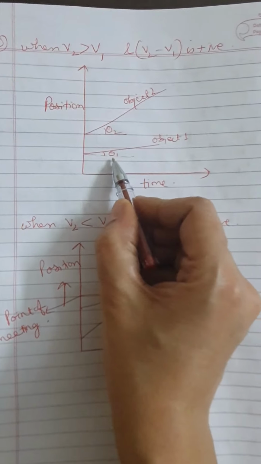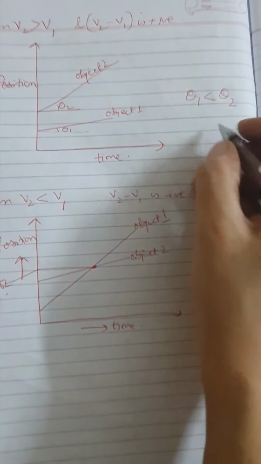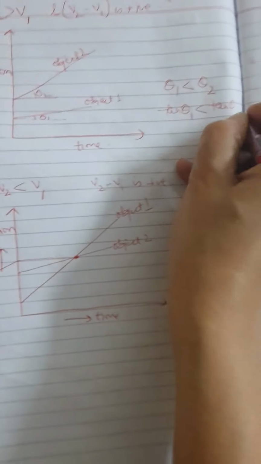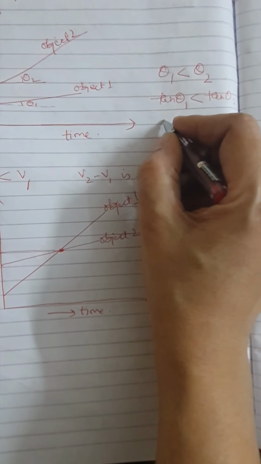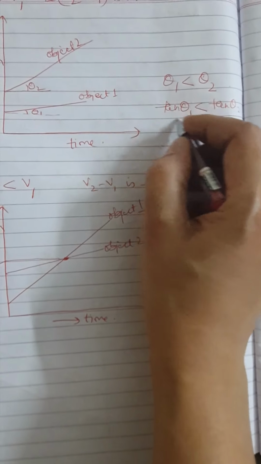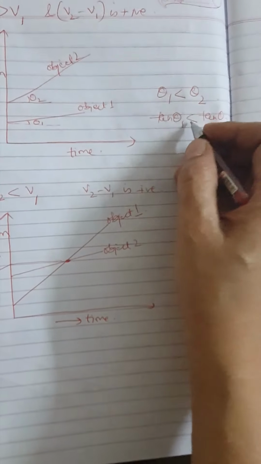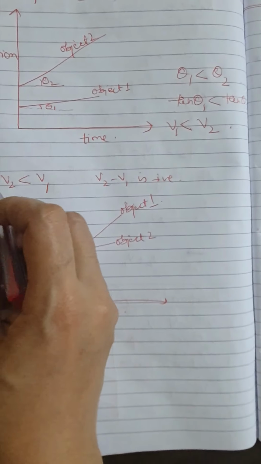See, theta 1 is smaller than theta 2, means tan theta 1 is smaller than tan theta 2. Tan theta tells us about the slope of the graph. Slope is equal to velocity, means v1 is less than v2.